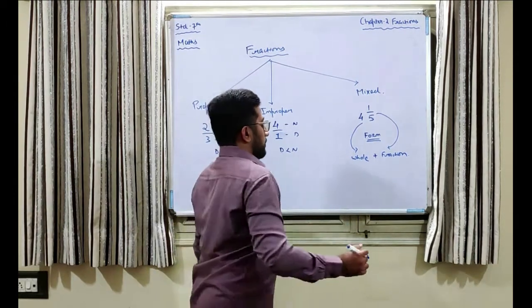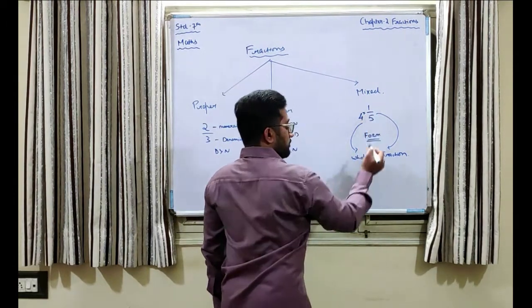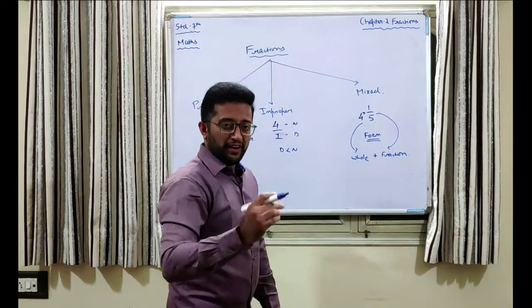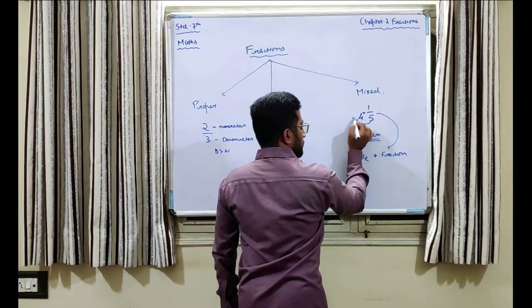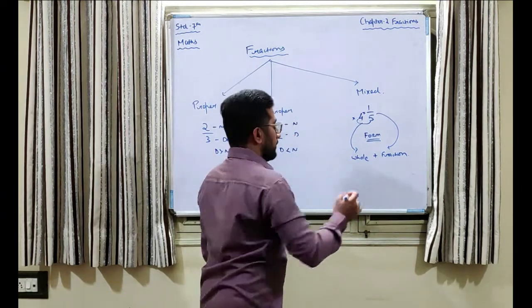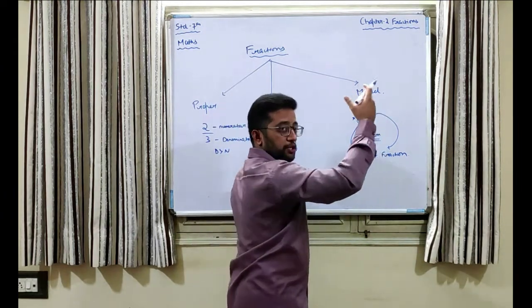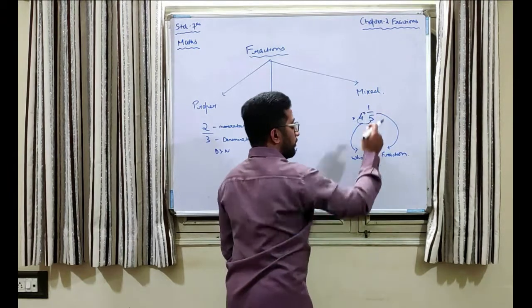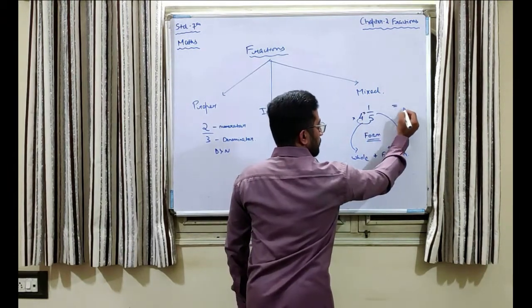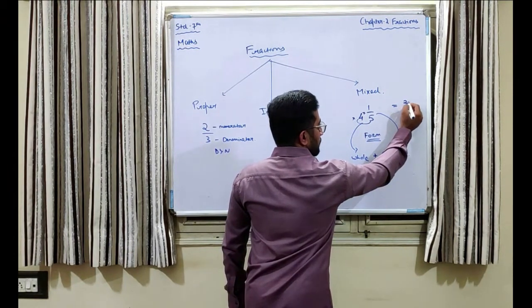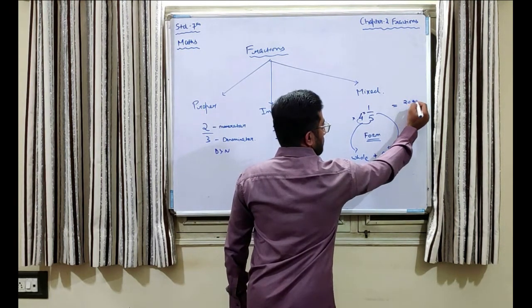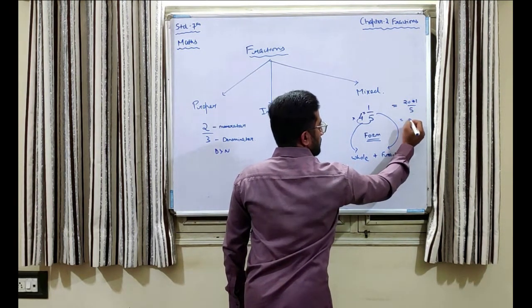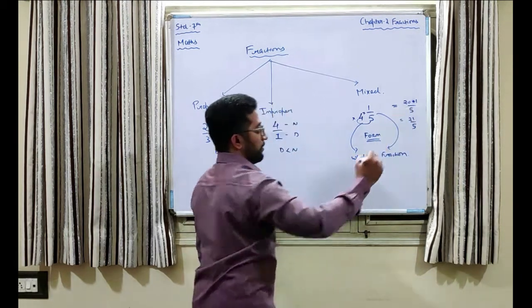Okay, now if we want to convert the same into a fraction, you can do it by multiplying these two numbers, that is 5 4s are 20, and adding that particular product with number 1, that is numerator. So answer will be 20 plus 1 upon 5, that is 21 upon 5.